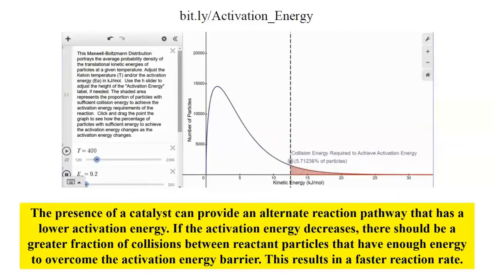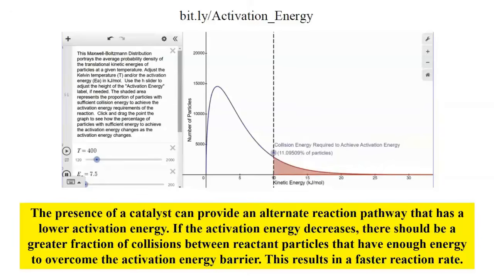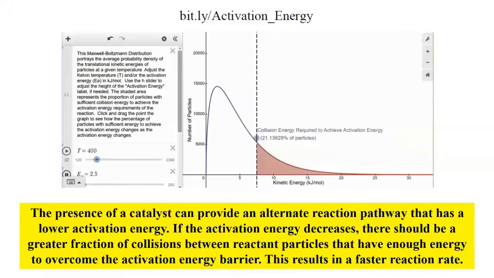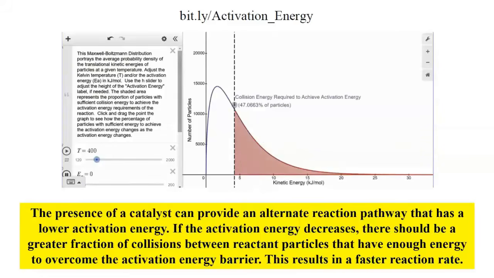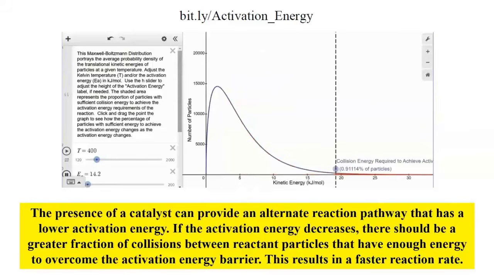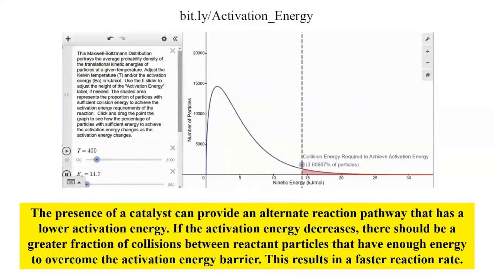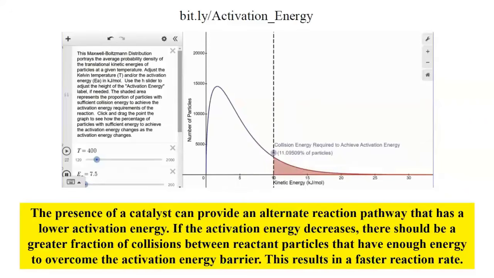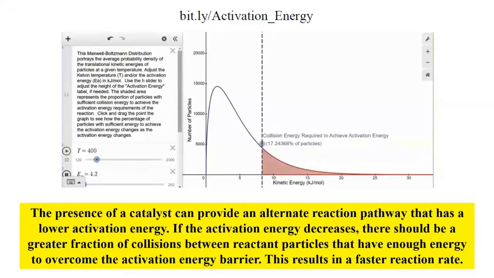So the presence of a catalyst can provide an alternate reaction pathway that has a lower activation energy. If the activation energy decreases, then there should be a greater fraction of collisions between reactant particles that have enough energy to overcome the activation energy barrier, and this results in a faster reaction rate.